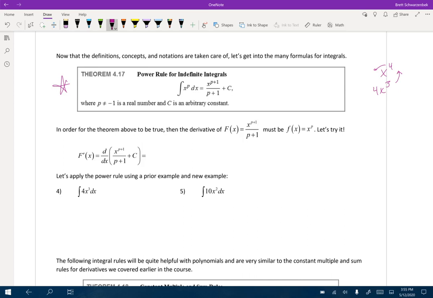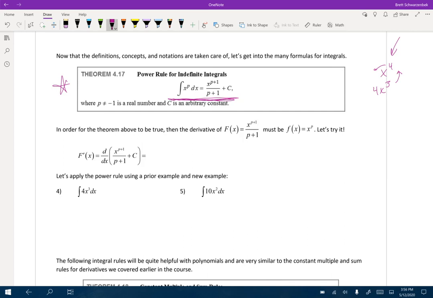Okay, so the rule here is if you take the antiderivative of x to some power p, that is always going to be equal to x to the p plus 1, so add 1 to the exponent, over that same exact value, p plus 1, plus c. This is actually super simple. It's just getting the hang of it as we go.